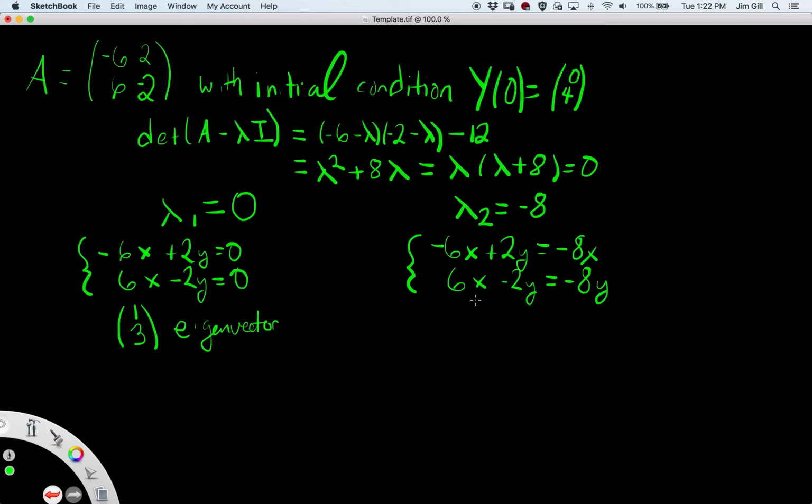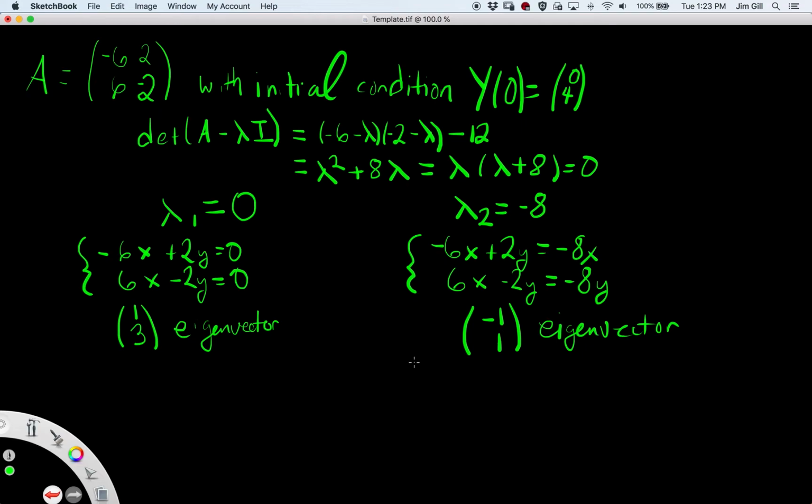And then solving this, skipping a little bit here, an eigenvector for this one is going to be -1, 1. And remember, when you're finding the eigenvectors, you can always just use one of the equations. You can look at that first equation and say, oh, I'll let x be -1 because that gets rid of all the negative signs. And then you see that y has to be 1 to make everything work out. And you just put it there.